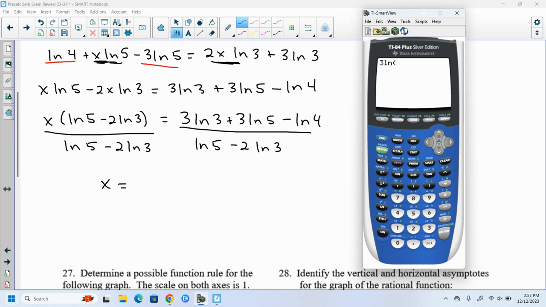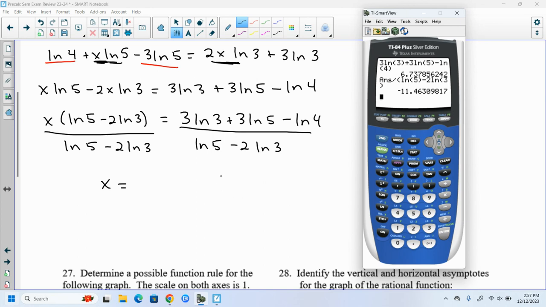So I'll do 3 natural log of 3 plus 3 natural log of 5 minus natural log of 4. So there's your numerator. I hit enter, divided by, now this absolutely has got to go in parentheses, natural log of 5, close that, minus 2 natural log of 3.